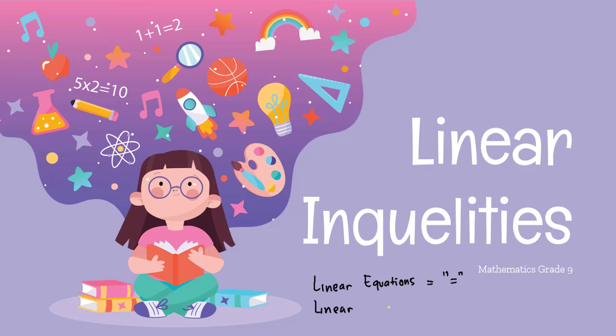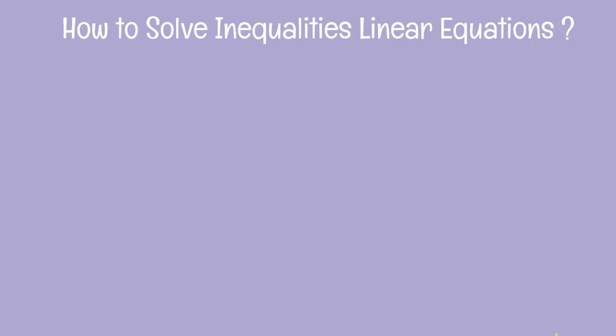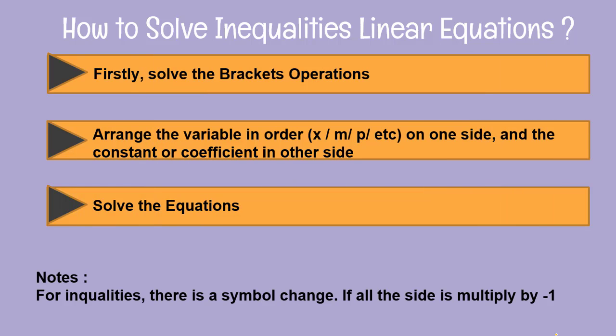And now in linear inequalities, we use greater than, less than, greater than or equal to, and less than or equal to. And this is how to solve linear inequalities. Basically, it's also the same as in linear equation, but note that for inequalities, there is a symbol change if all of the sides are multiplied by minus 1.